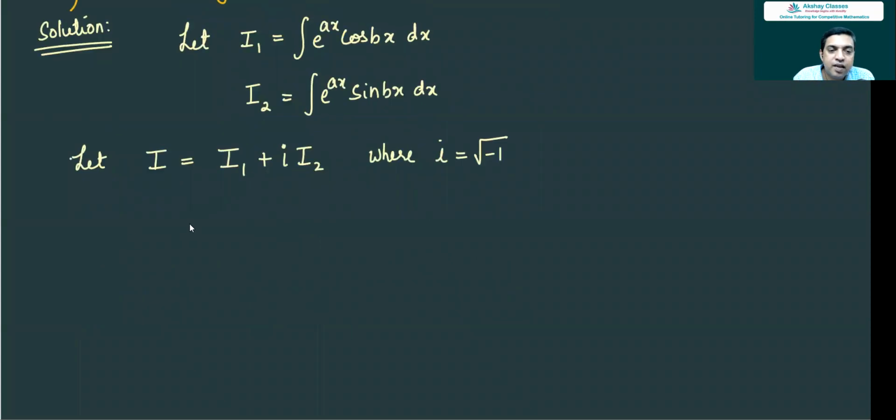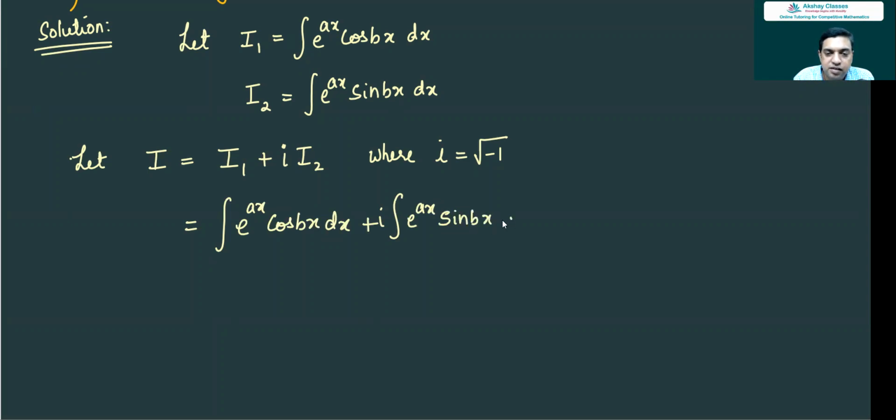Okay. What happens? This becomes integral e power ax cos bx dx plus i times integral e power ax sine bx dx, which is the same as integral e power ax cos bx plus i times e power ax sine bx, whole dx.